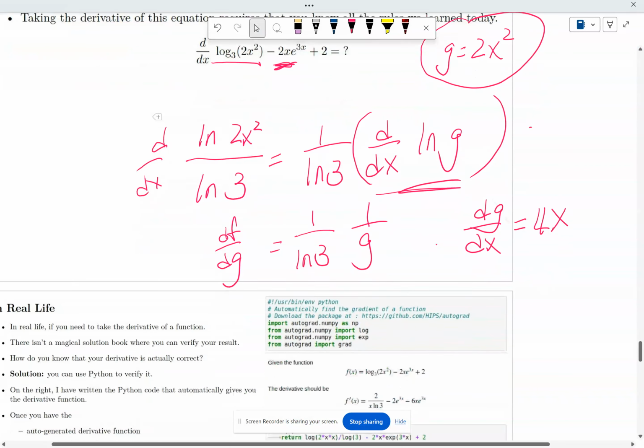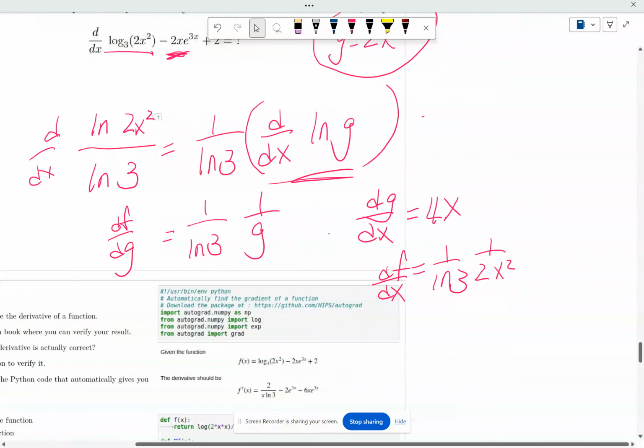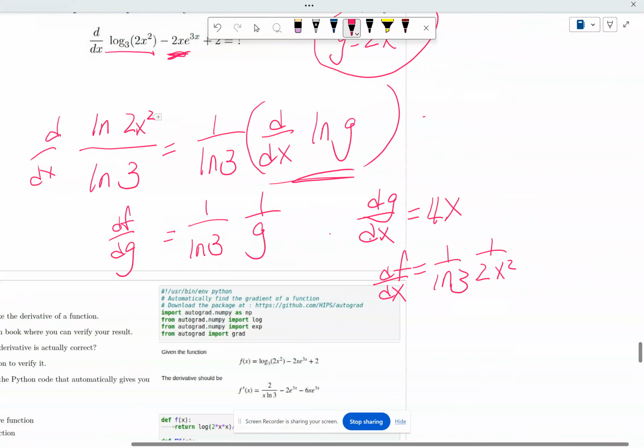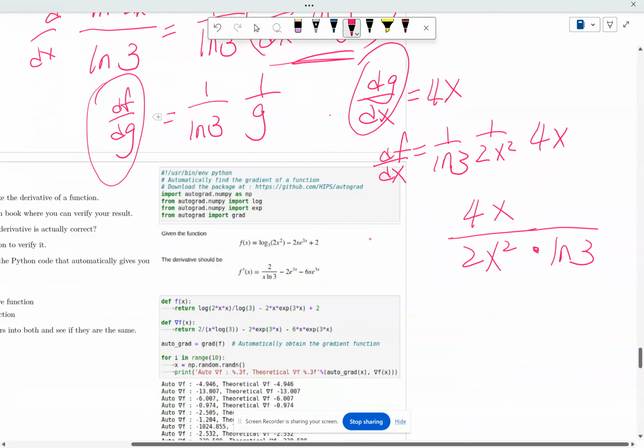So now df/dx is equal to 1 over log of 3, times 1 over g, which is 1 over 2x squared, times 4x. So the result is 4x over 2x squared log of 3, so that's 2 over x natural log of 3.